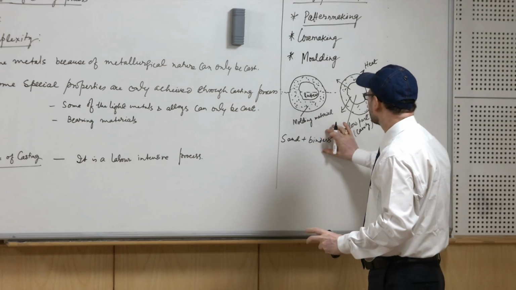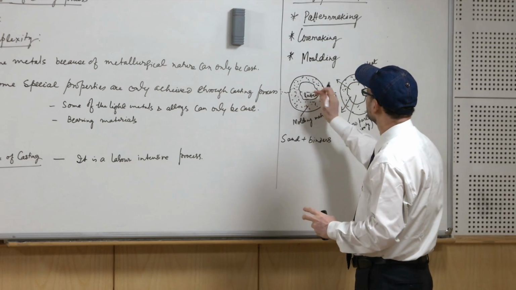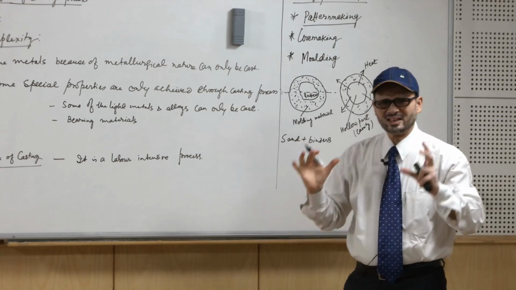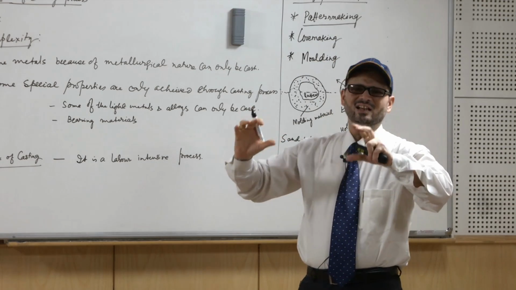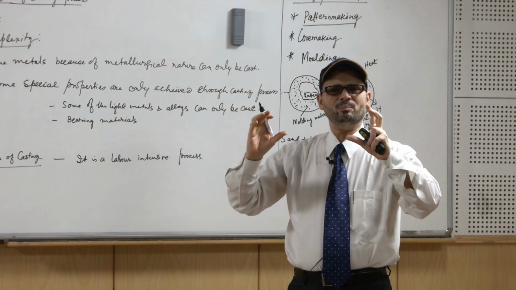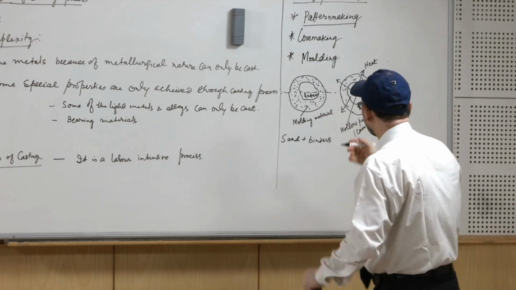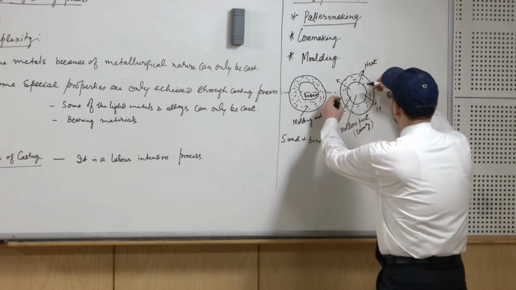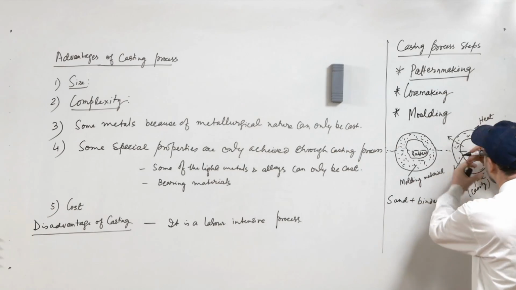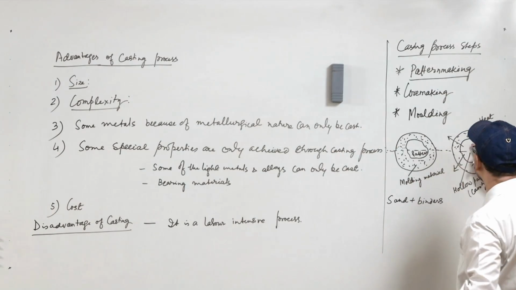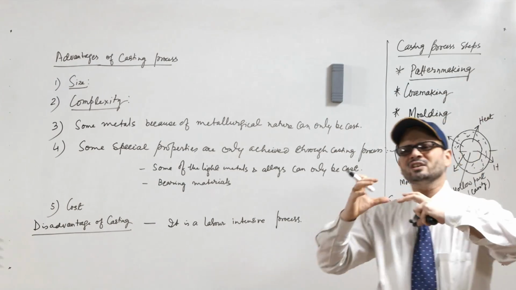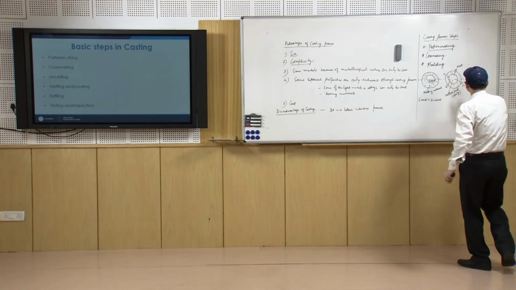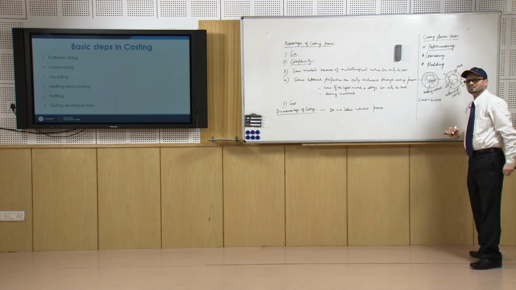Then this portion is kept around the pattern and pressed so that it gets a proper shape with proper strength, and then with some tool the pattern is removed and the two boxes are joined together so that you get a cavity and you have the provisions to pour the metal into it. Then you pour the metal.